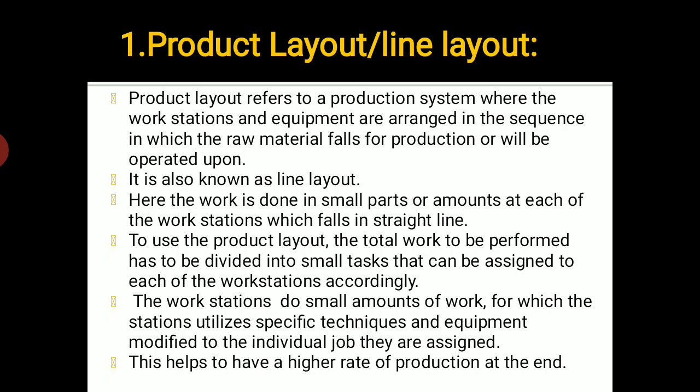To use the product layout, the total work to be performed has to be divided into small tasks that can be assigned to each of the workstations accordingly. That means one machine is not manufacturing everything. To manufacture a product, it may have to undergo 5 different machines in our case.